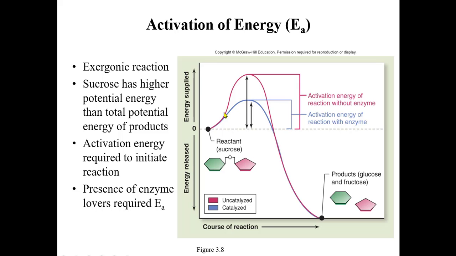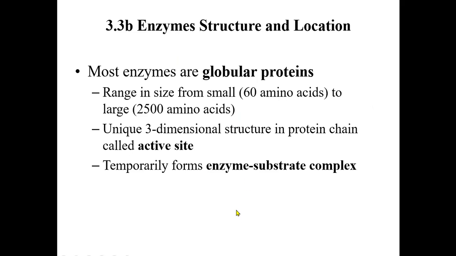See how much lower that hill is. So with the enzyme, it's more likely to occur because it lowers the amount of energy it takes to make it happen. Okay? And here I have reactants turning into products. So it does help with the lowering of the activation energy. Okay, next slide. Don't care.